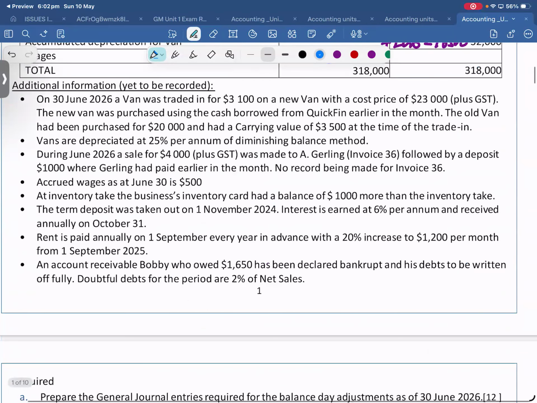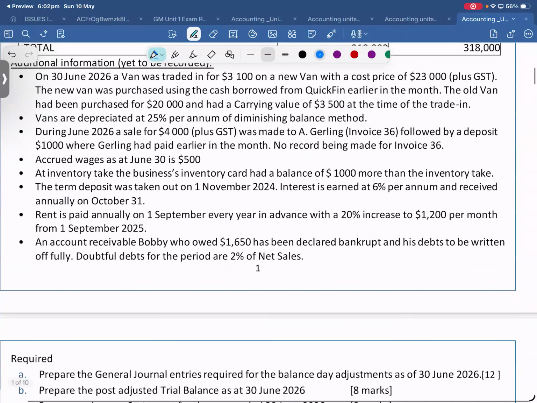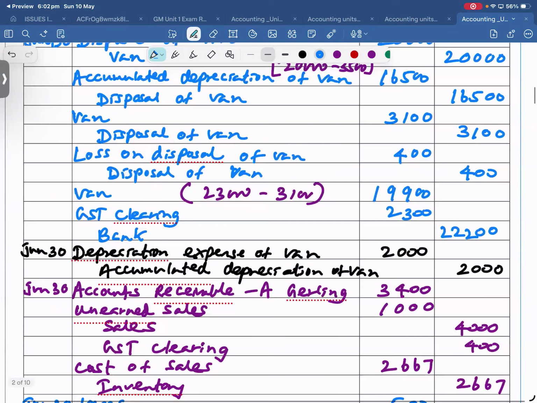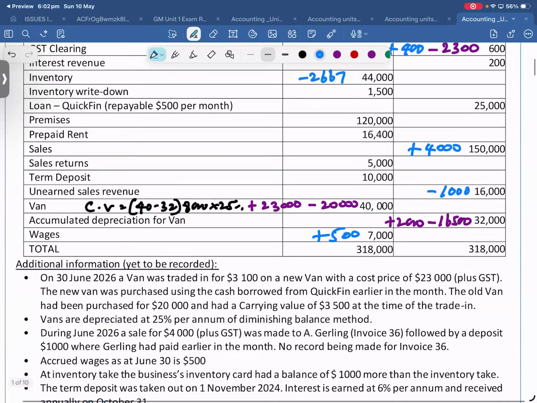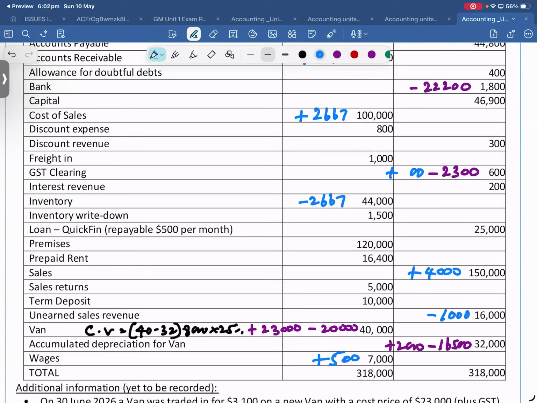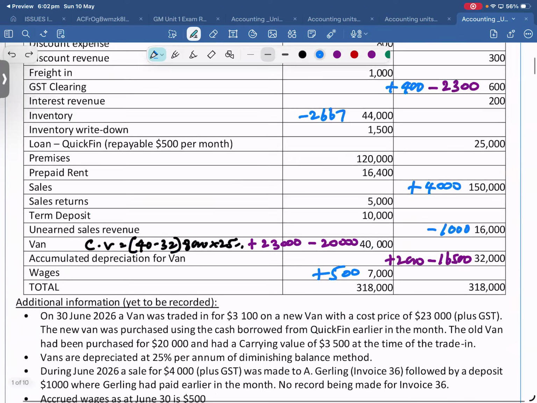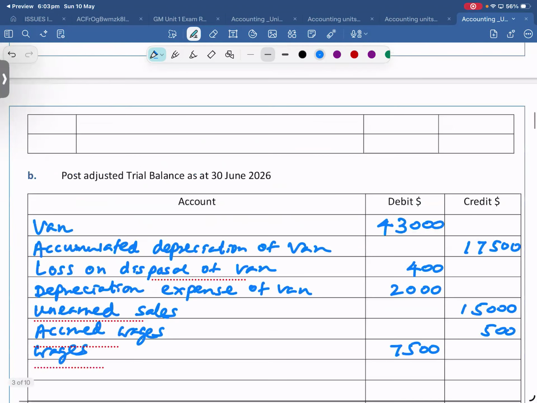Where did I get 400 from? Accrued wages, guys, 500. And wages as a result 7,500. Yes.